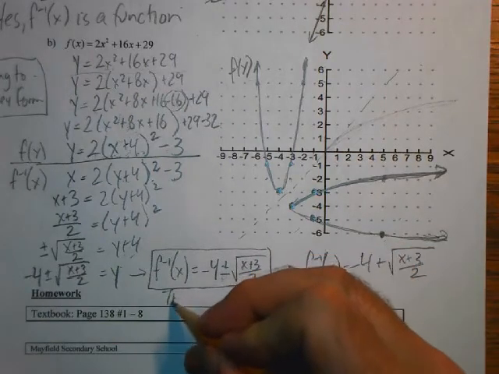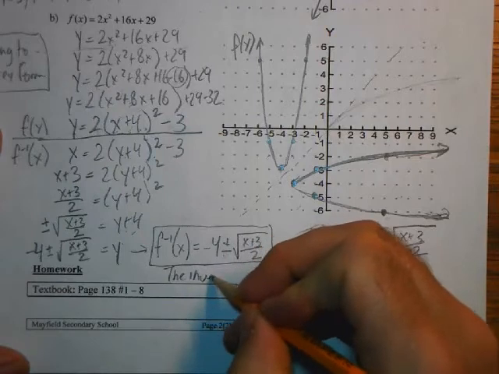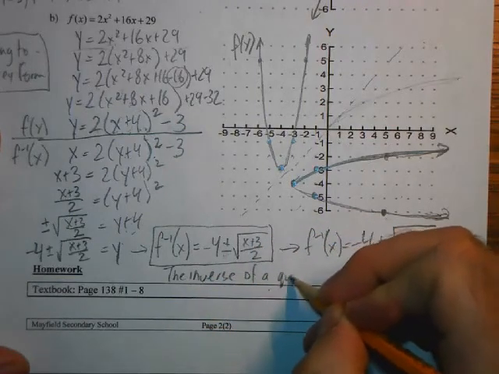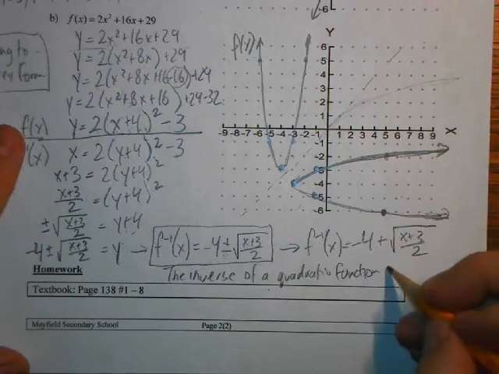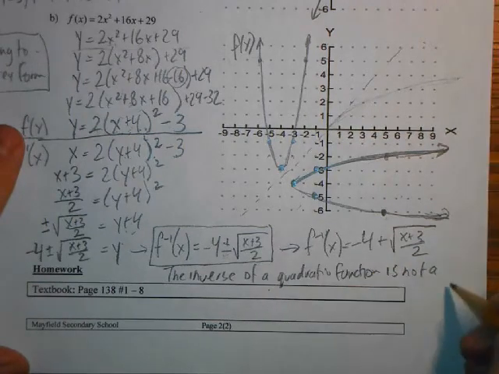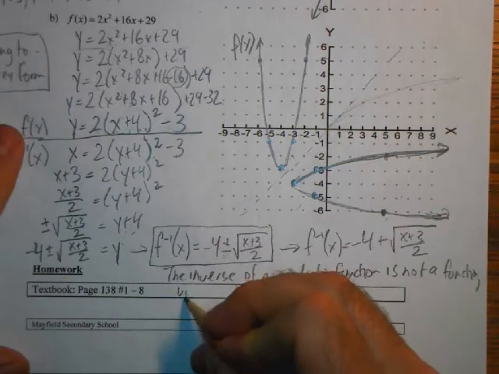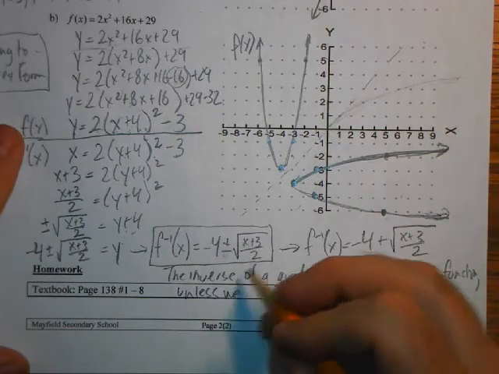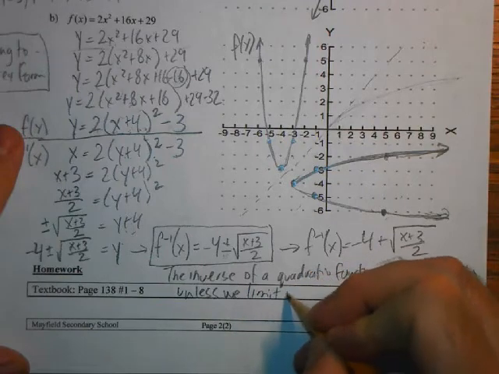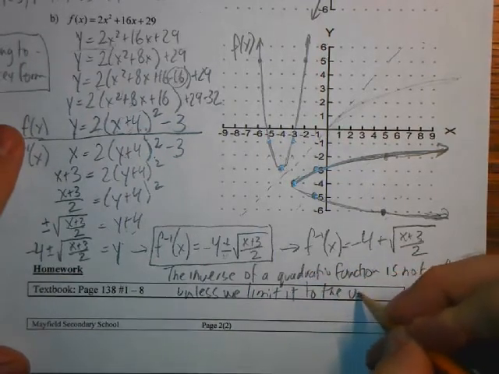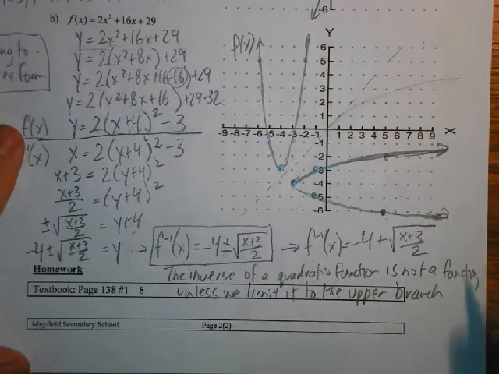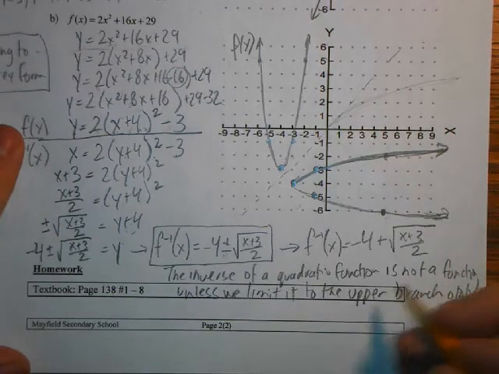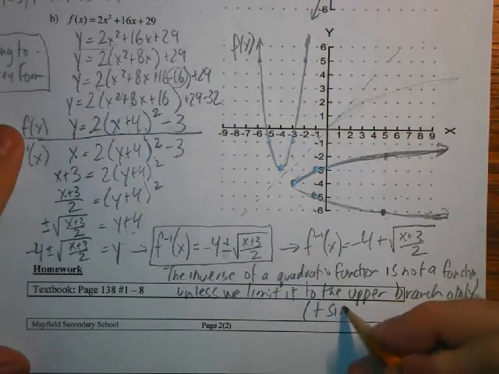So, the explanation of this: the inverse of a quadratic function is not a function, unless we limit it to the upper branch only, and that's really the plus sign in the equation.